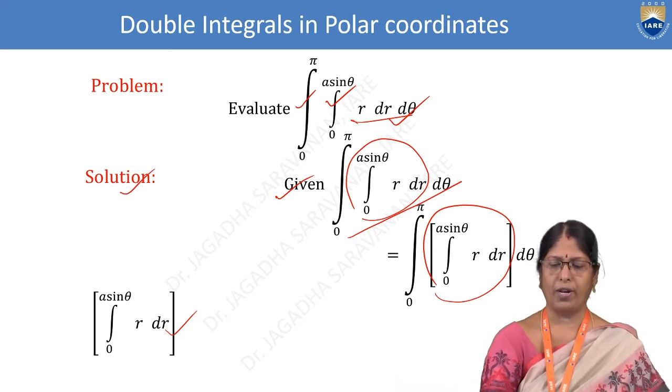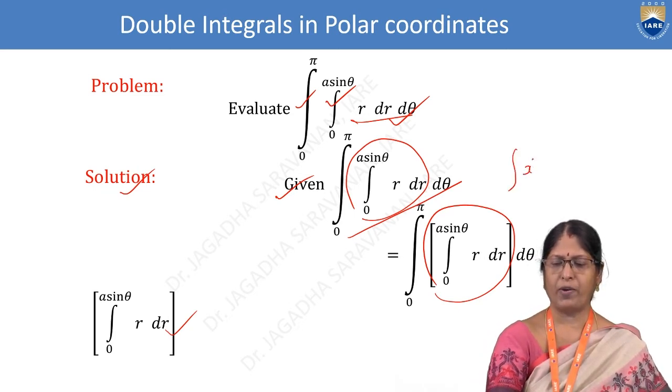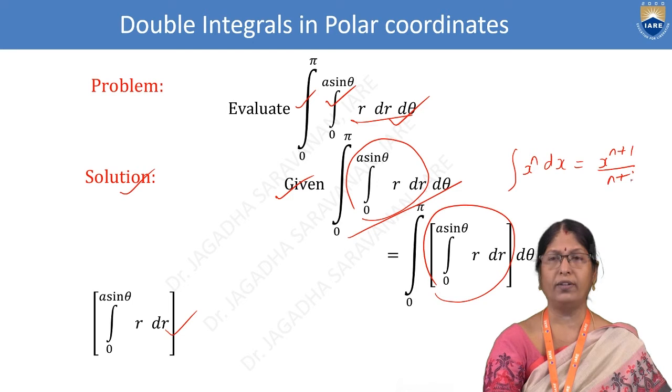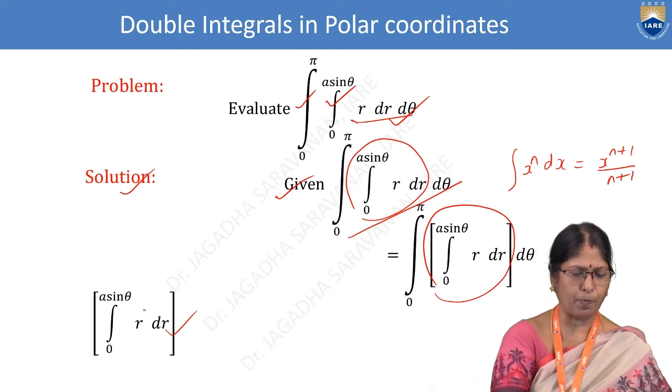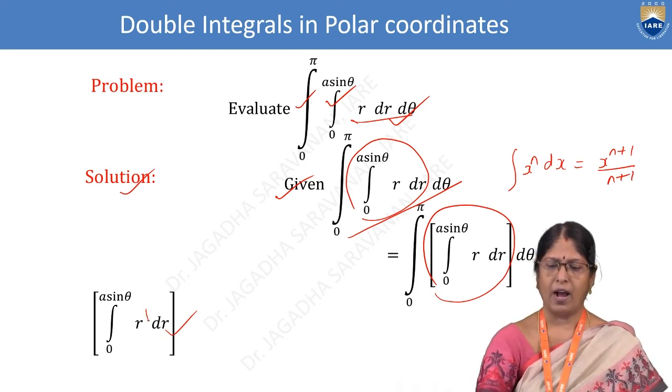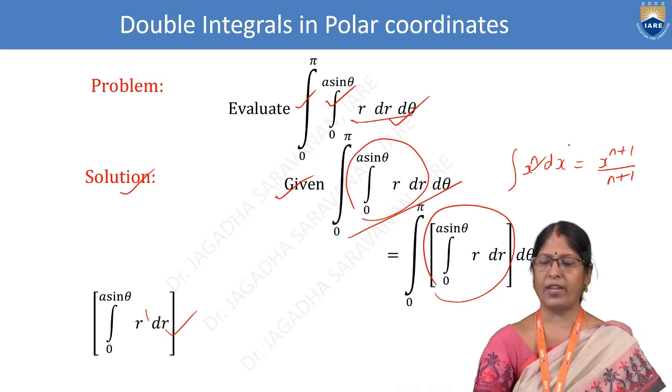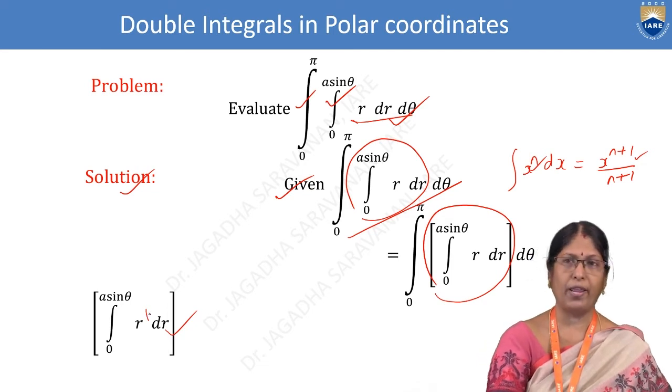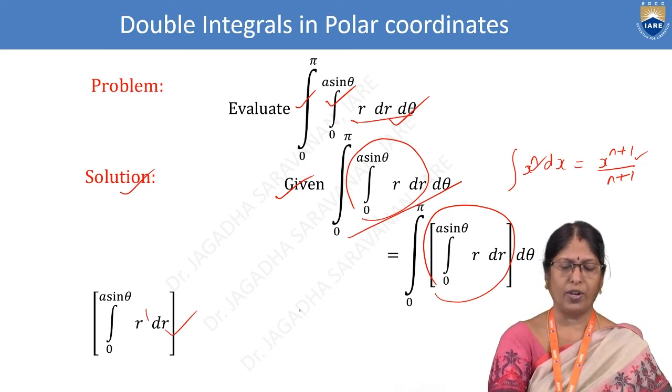We know the formula: integral x power n dx is x power n plus 1 by n plus 1. Here r power 1 is there. If it is x power n, we know it is x power n plus 1 by n plus 1. Here n is playing the role of 1. So we know it is r square by 2.